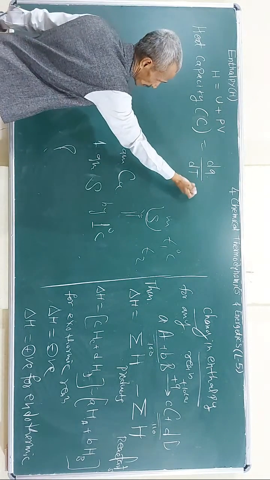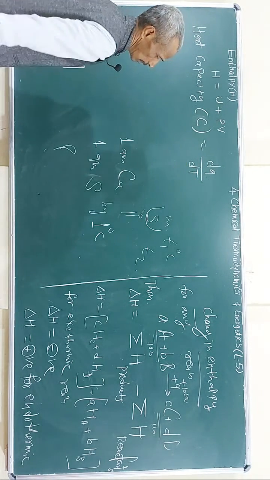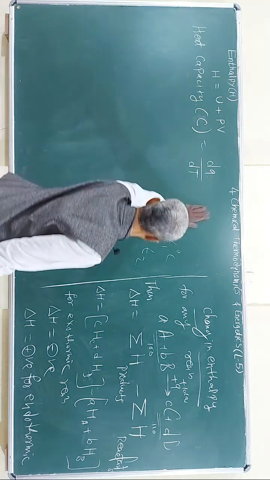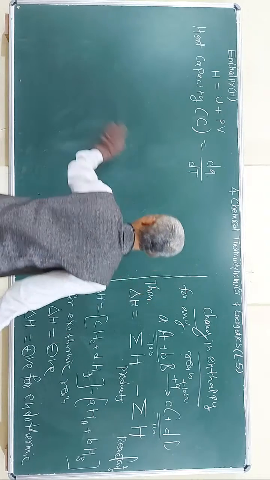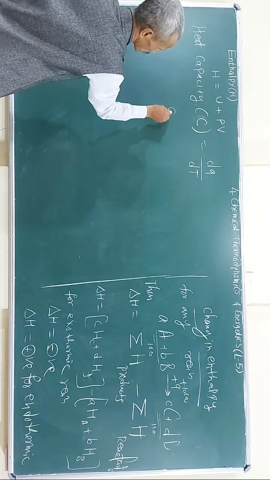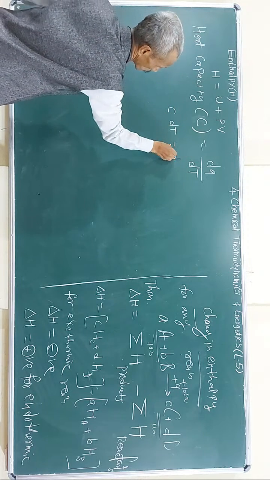That is the heat capacity of that particular substance. Depending upon the nature of the substance, the heat capacities differ. In general, one can write C dT is equal to dq.